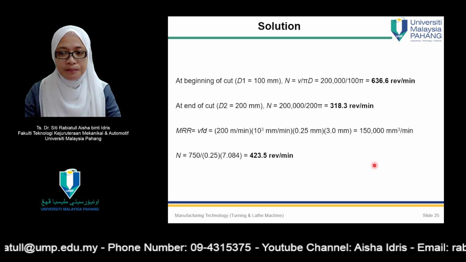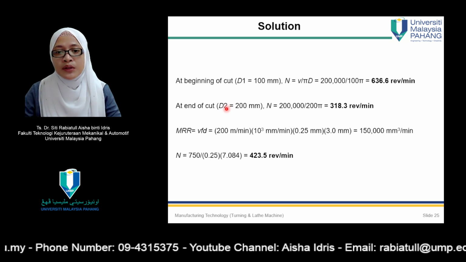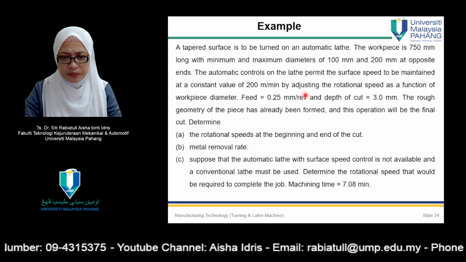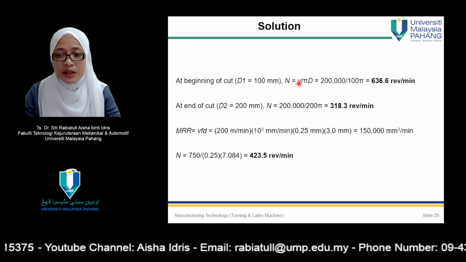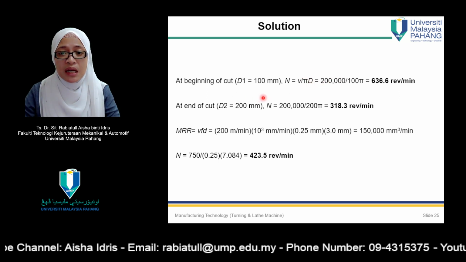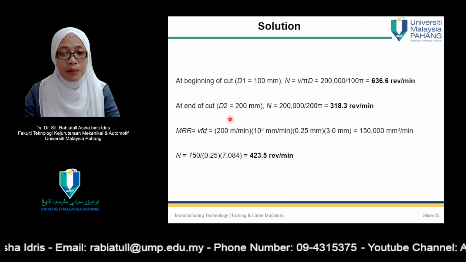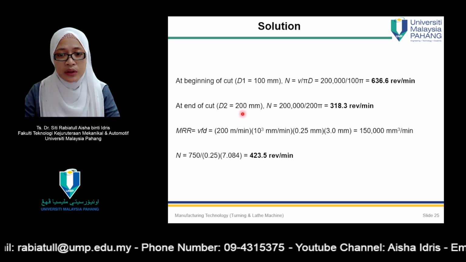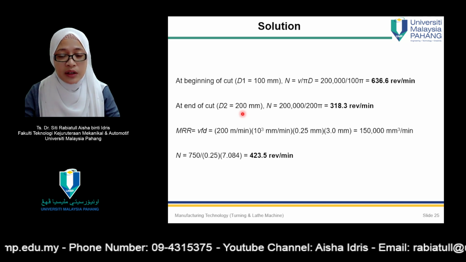So now let's solve this together. So we know that this is the formula for speed. So just substitute all the information, but this one is for the beginning of the cut. We know that at the beginning of the cut, D1 equals 100 mm. Meanwhile, at the end of the cut, the diameter changes to 200 mm.